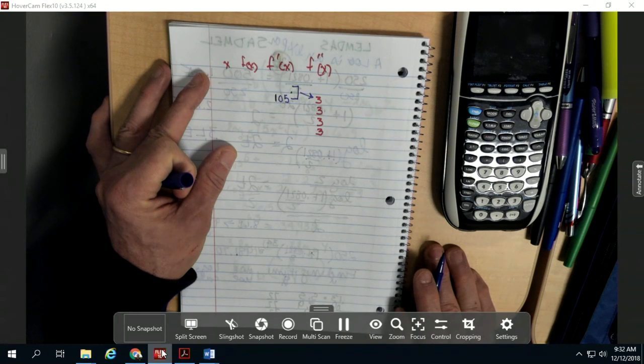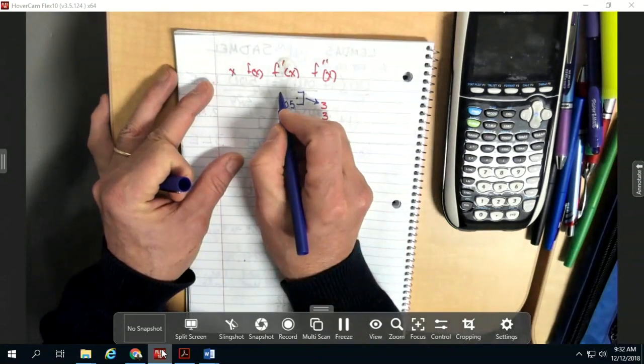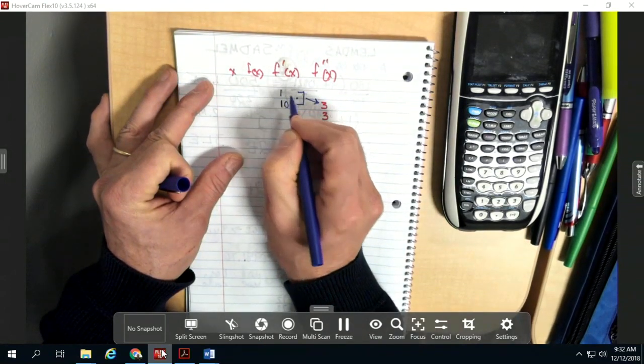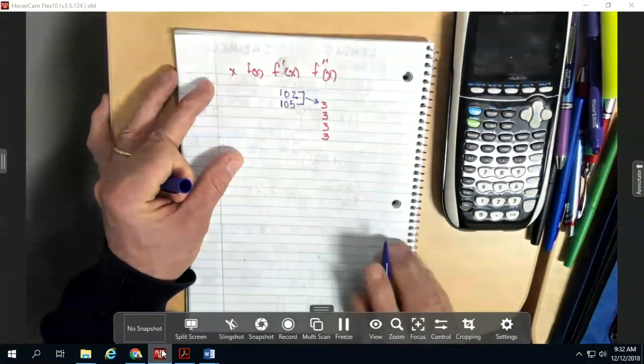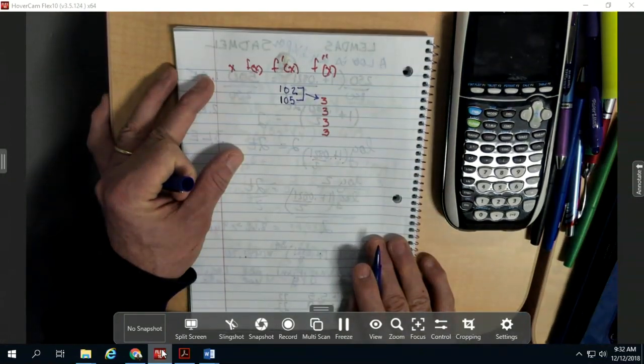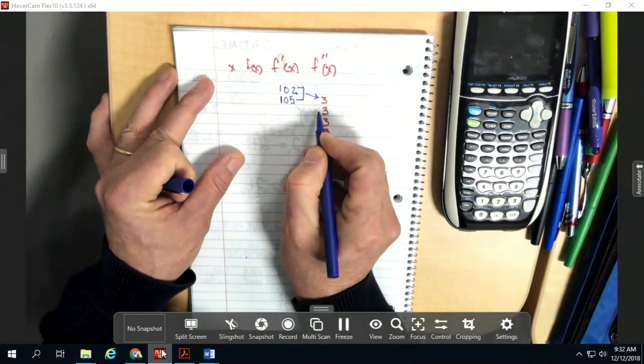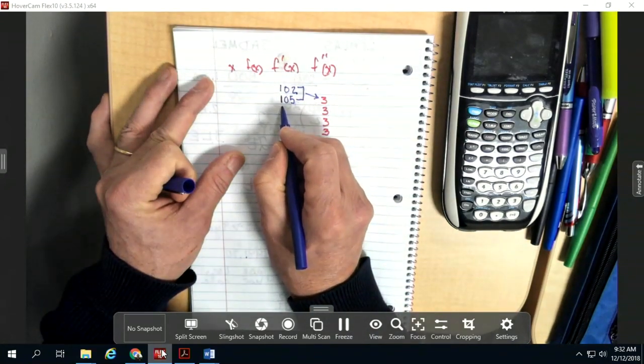Three bigger. So what must this have been? Right? 3 bigger. So what's this next number going to be?